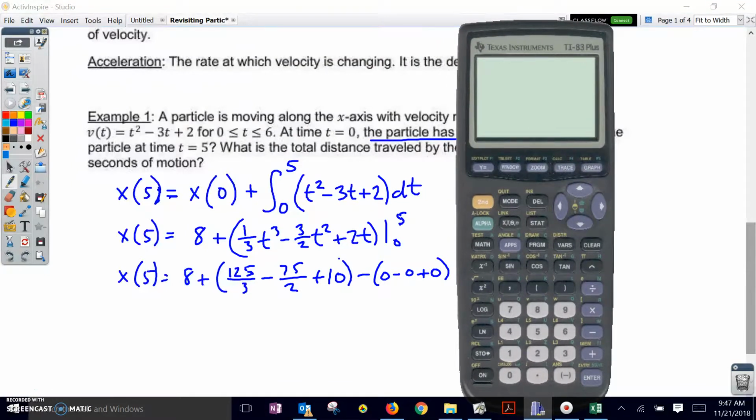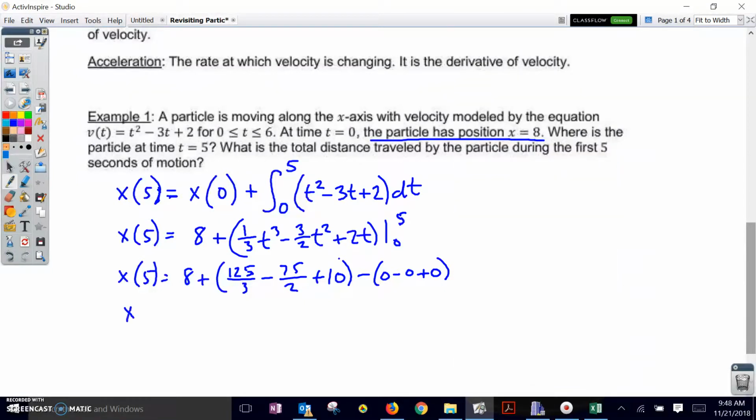And we've got 8 plus 125 over 3 minus 75 over 2 plus 10. And the position at 5 is 22.16 repeating.